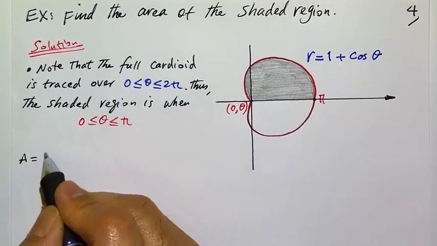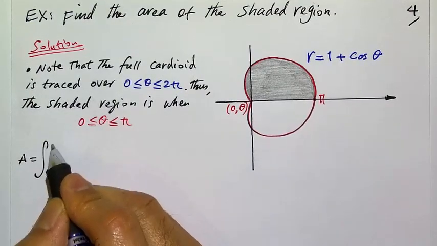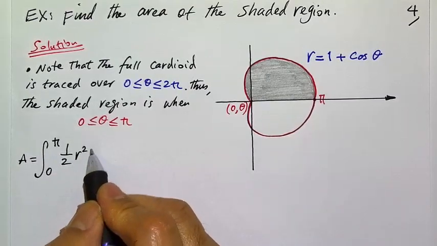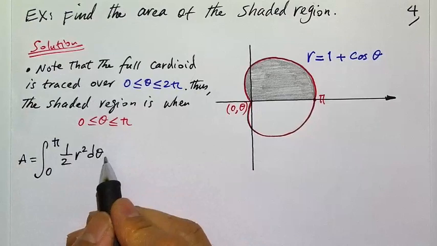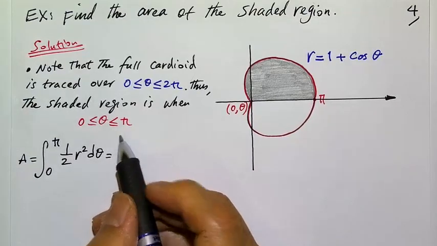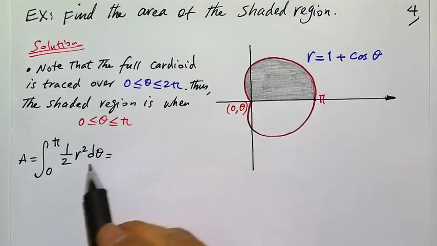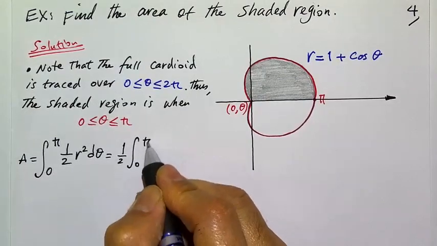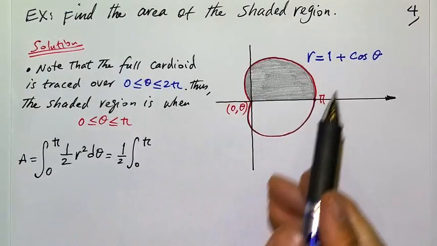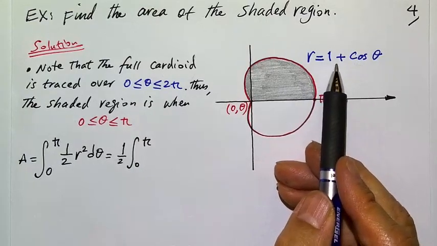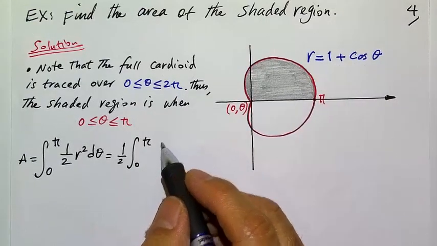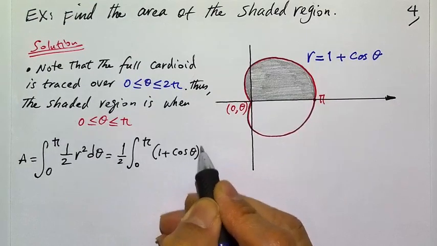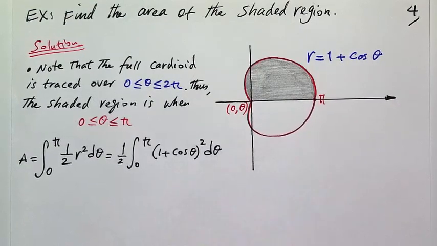So we have the area going from 0 to pi, 1/2 r squared d theta, right? And then I'm going to put the 1/2 in front, so we have 1/2 integral from 0 to pi, r squared, that is our r, 1 plus cosine of theta squared, d theta, right?